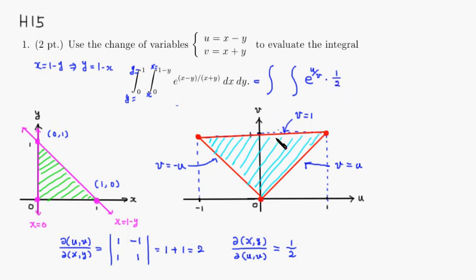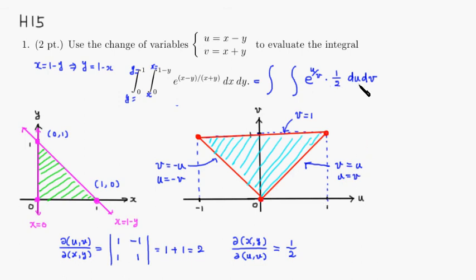Then I'm going to fix v first, so we do an integral with respect to u first, then an integral with respect to v. We can rewrite this boundary as u equals negative v, and this is the same as u equals v.